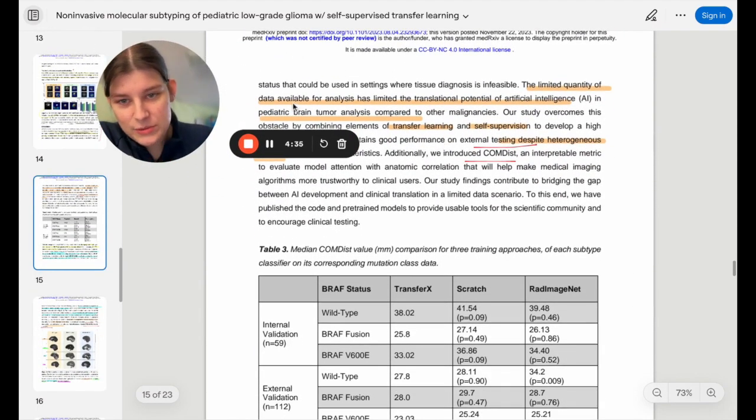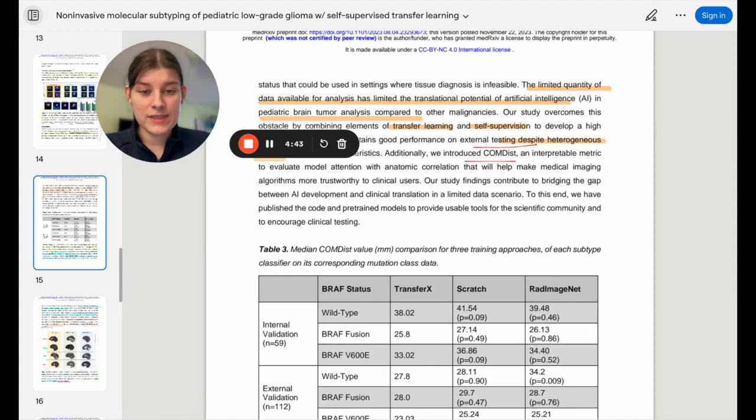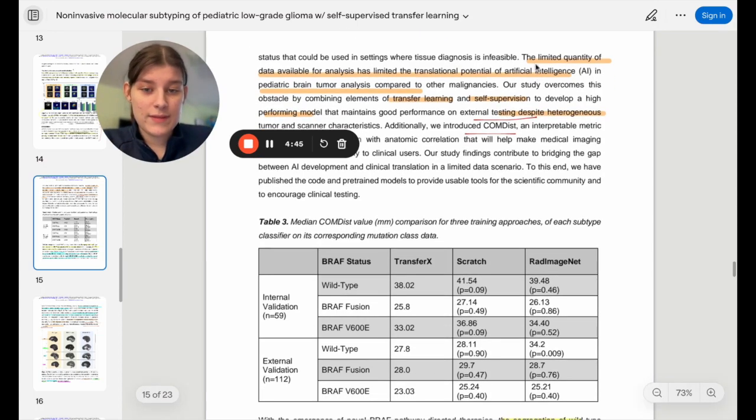And while it could also be used in things where tissue diagnosis doesn't work, you could also use it to compare with other malignancies, with AI.